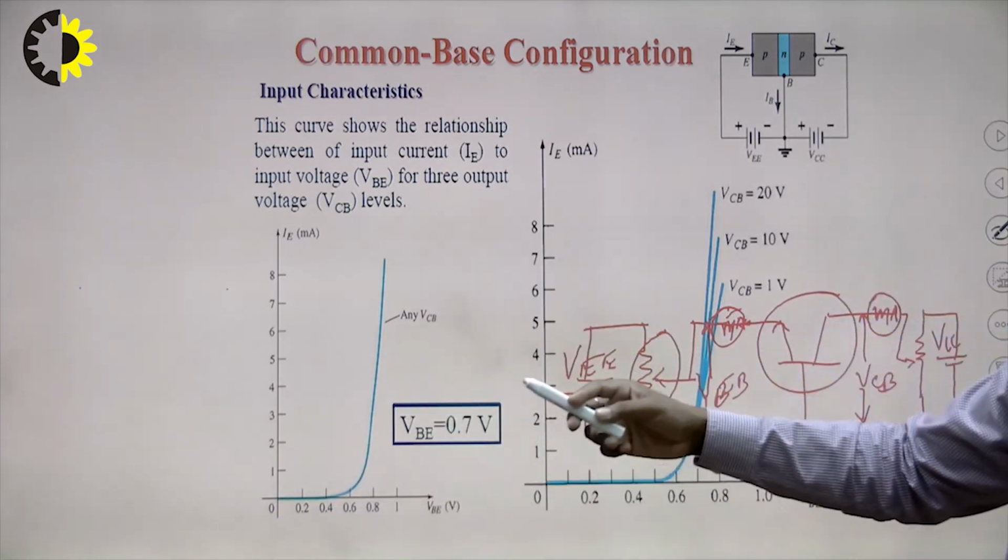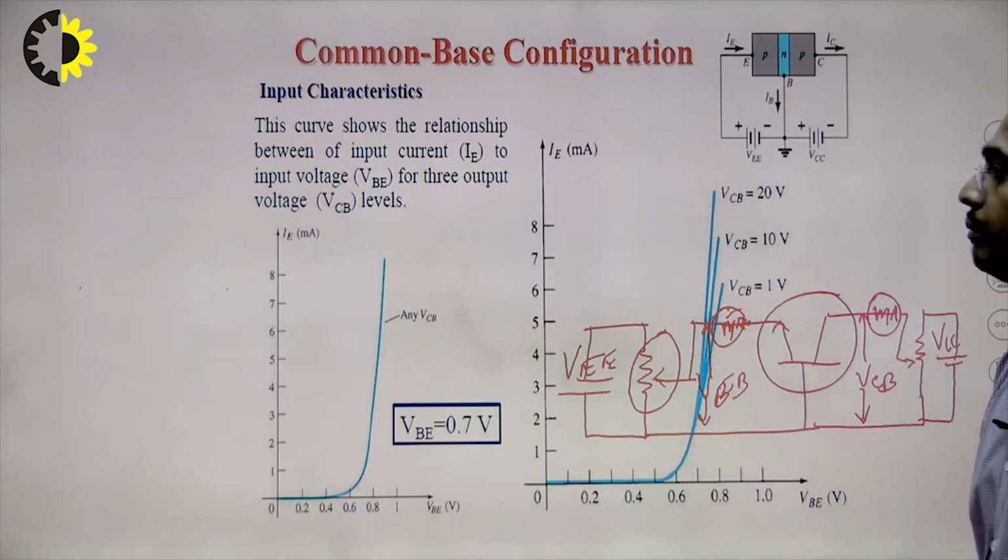After that you can draw the VI characteristic, the input characteristic of this common base configuration.